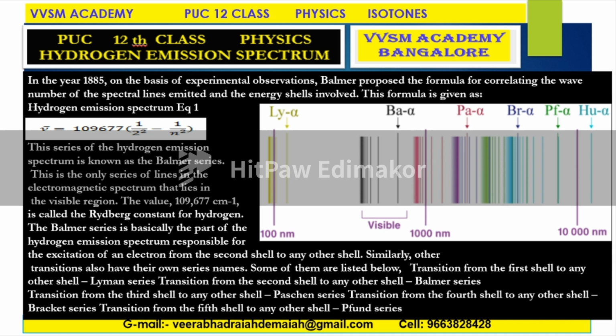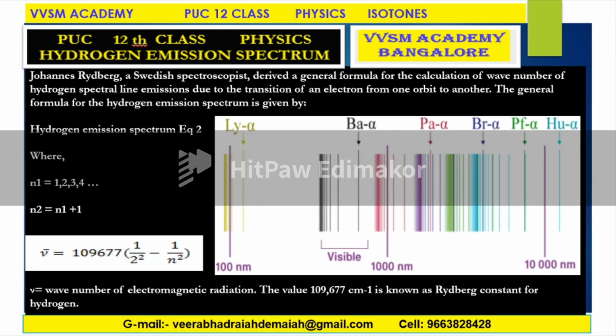The transition from the first shell to any other shell gives the Lyman series, from the second shell to any other shell the Balmer series, and from the third shell to any other shell the Paschen series, etc. It continues. Johannes Rydberg, a Swedish spectroscopist, derived a general formula for the calculation of the wave number of hydrogen spectral line emission due to the transition of an electron from one orbit to another.